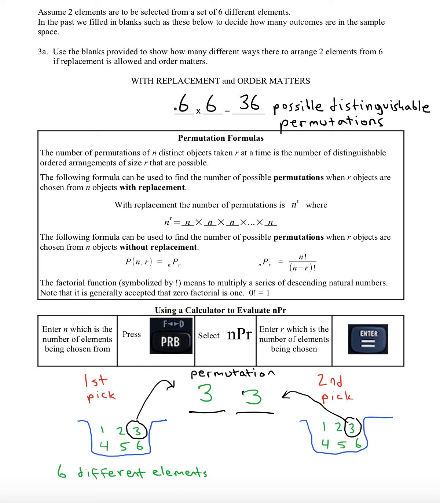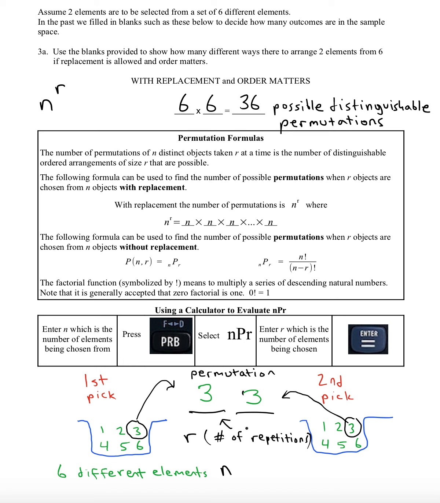Then there's going to be a different formula for that. So when we do replace them, the formula is n to the r, where n represents the number of different objects in the hat. R represents the number of repetitions, or the size of the arrangement, it's sometimes called. That's r.